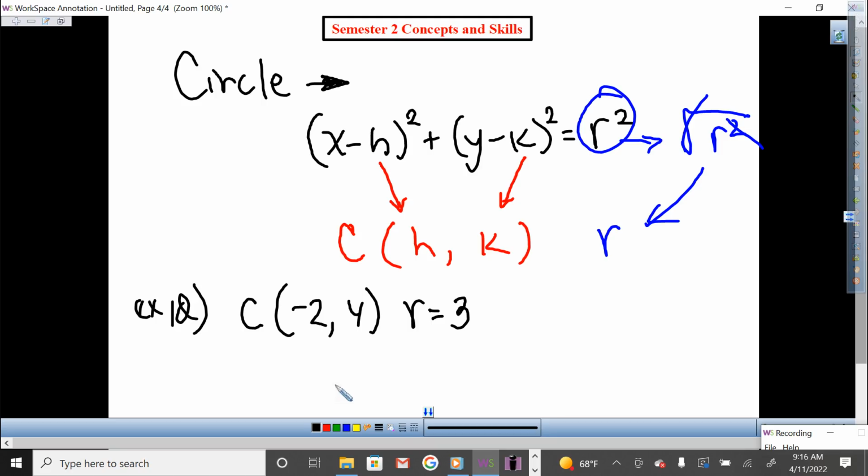All right, share with your neighbor, see what they wrote. Standard form equation of the circle using the center and the radius. All right, let's see.